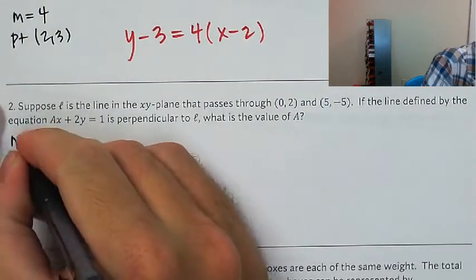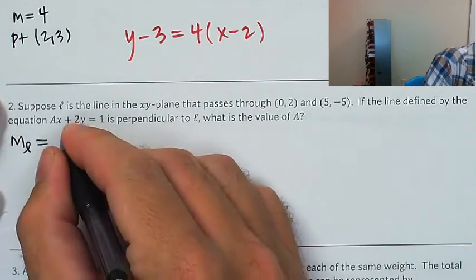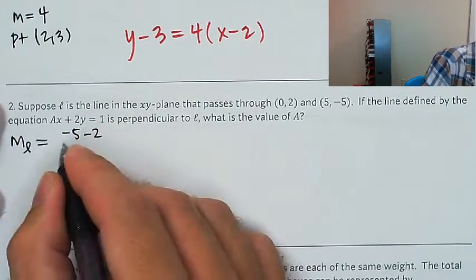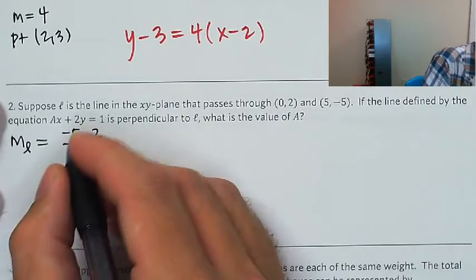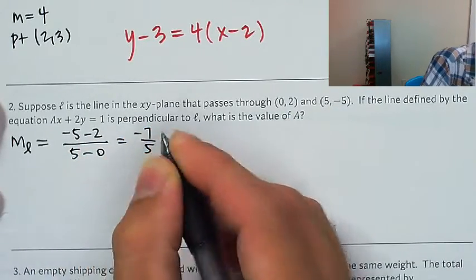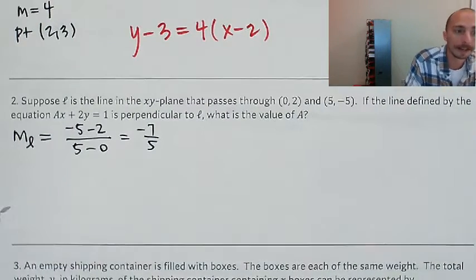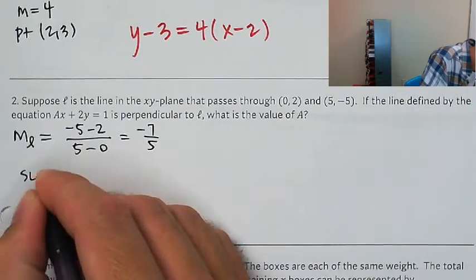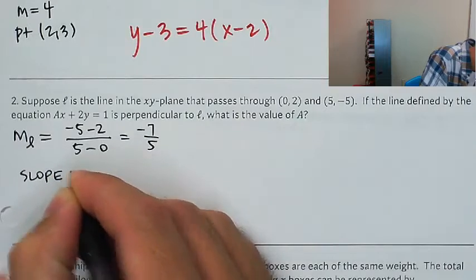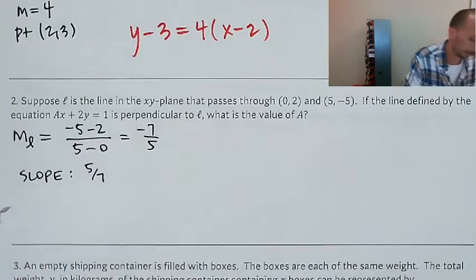Okay, so the slope of L is going to be y2 minus y1 over x2 minus x1. Okay, so I've got negative 7 over 5. So the slope of my line needs to be equal to positive 5 over 7.